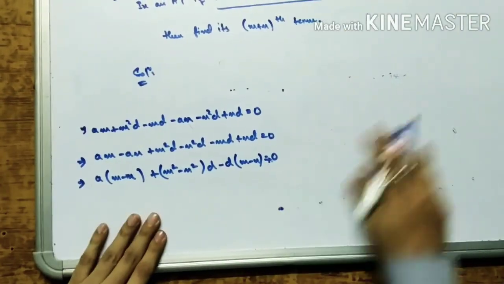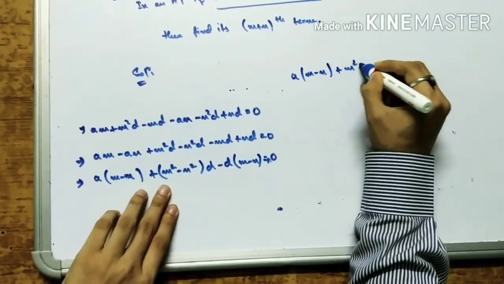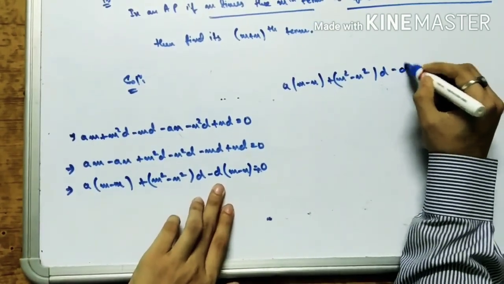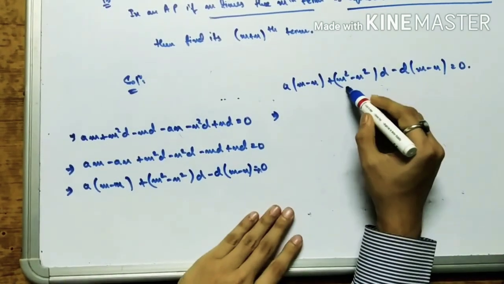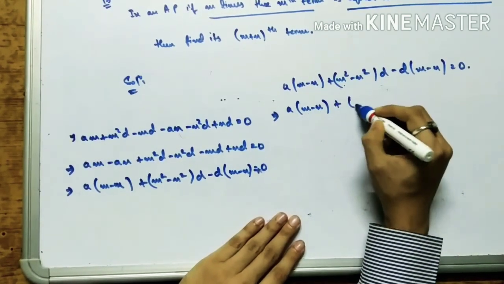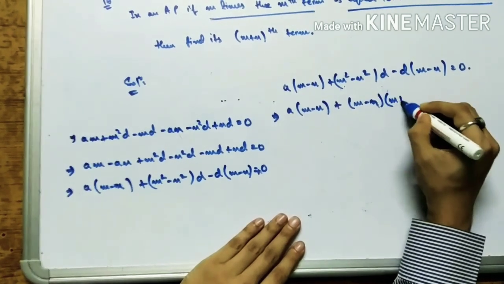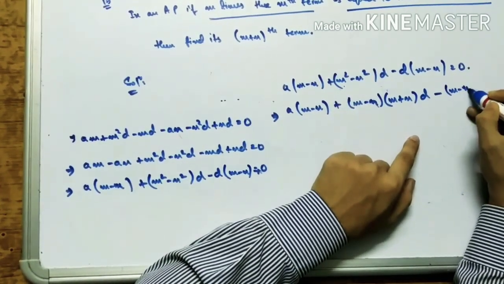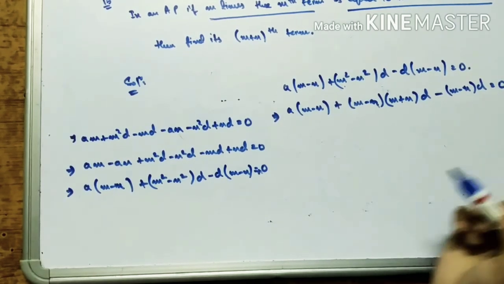So what I am getting is a into m minus n plus m square minus n square into d minus d into m minus n is equal to 0. Now this is the a square minus b square formula, I can break it: a into m minus n plus m minus n into m plus n into d minus m minus n into d is equal to 0.